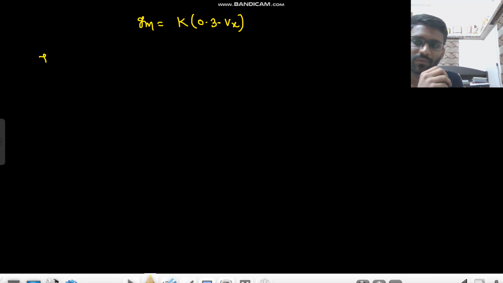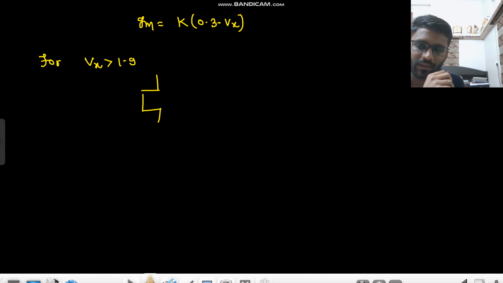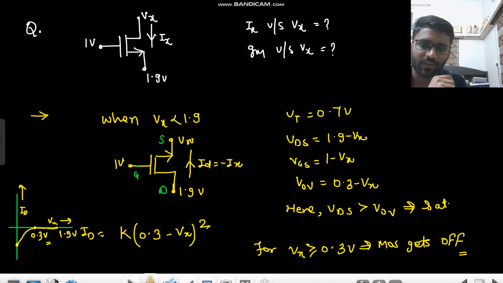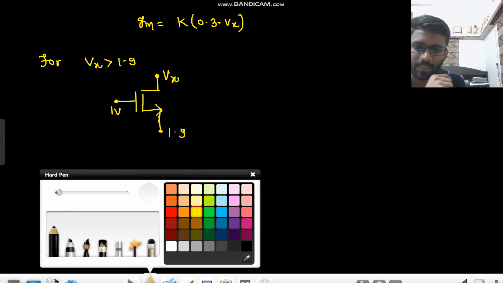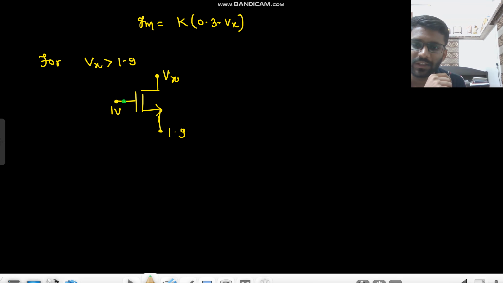So let us talk about Vx greater than 1.9 volt. What will happen? This will be Vx. This will be 1.9. This will be 1 volt. This will be gate only.